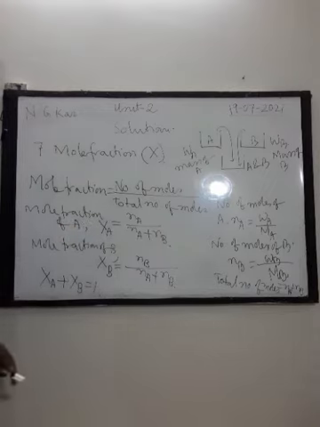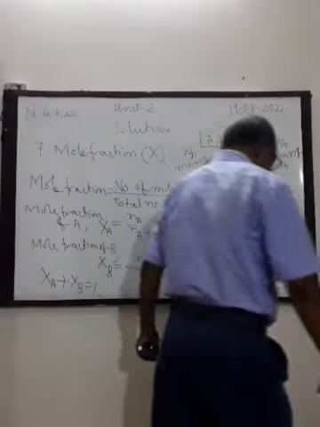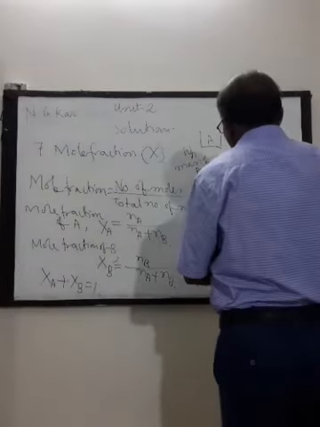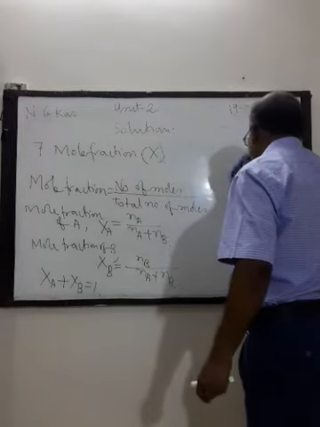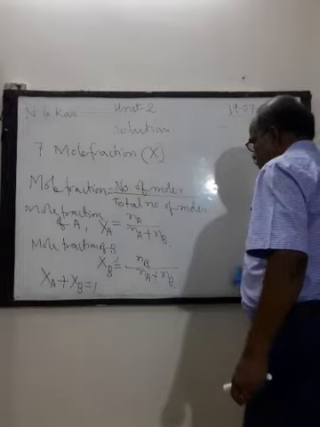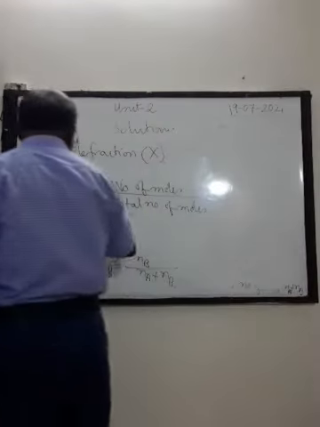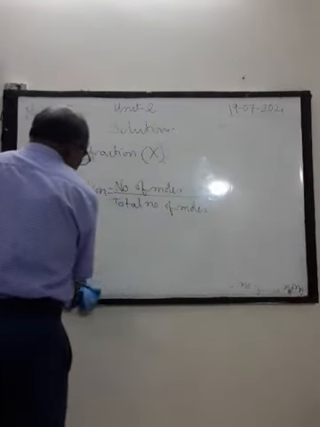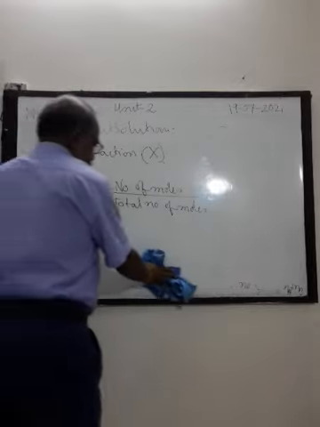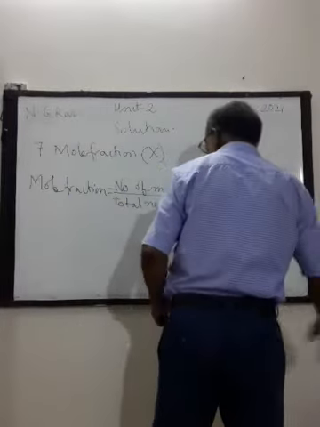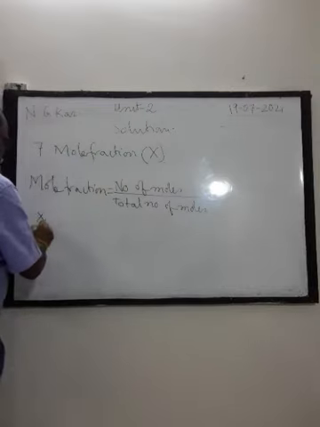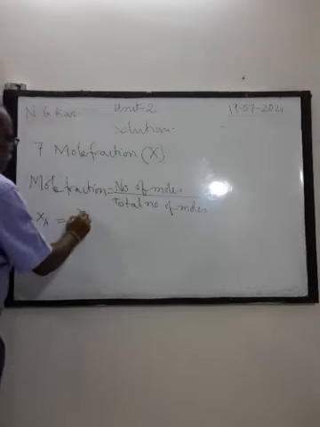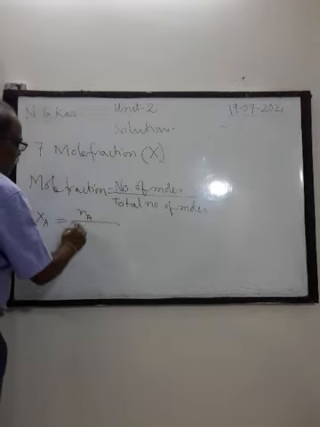Now if any solution where three components are present, then mole fraction can also be expressed in a similar way. So for three components, mole fraction of A equal to number of moles divided by total number of moles.